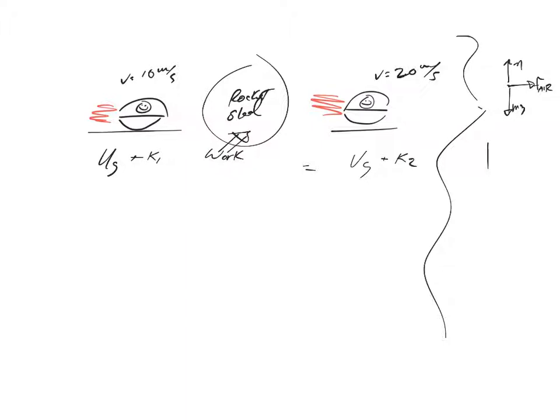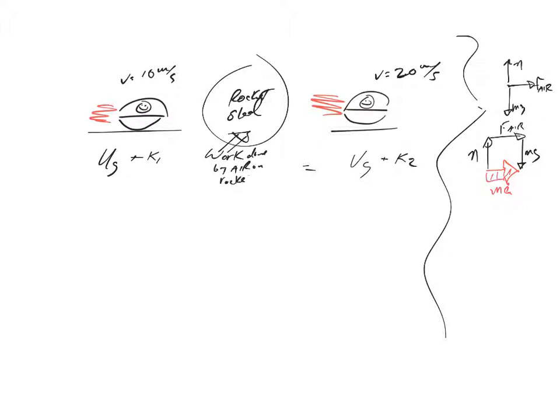So my vector sum diagram would look like this: mg down, force due to air, and normal. And then I got this net force to the right. And that's ma. So the force due to air is providing my net force. Not normal, not weight. And so there's work done by air on the rocket.